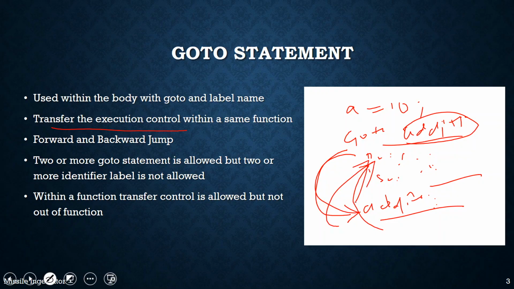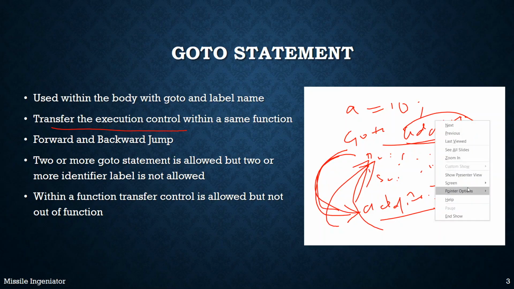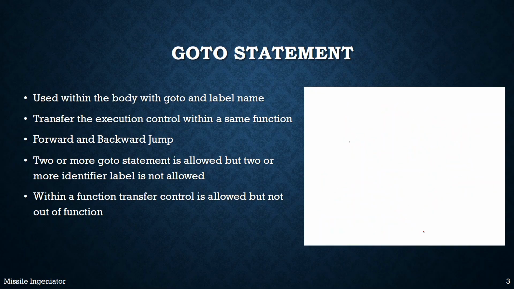There are basically two types of goto jump: forward and backward. The forward jump is what I explained with this example. In some cases it might be backward: the addition label might be at the top, with some statements inside it, maybe a loop such as a do statement.